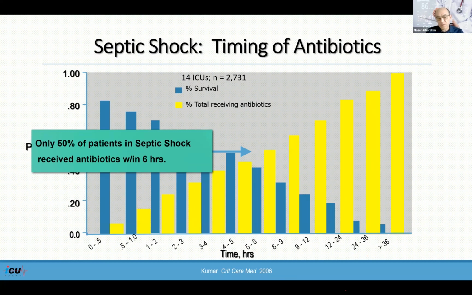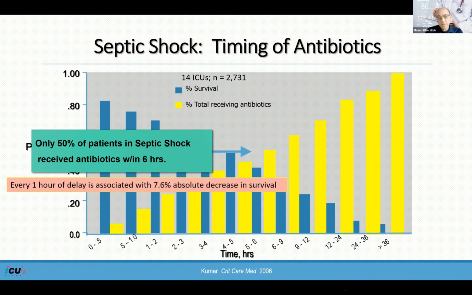We try to give those antibiotics within the first hour, and you can see there's a major delay. Each 1 hour of antibiotic delay is associated with a 7.6% increase in the absolute mortality rate in the ICU. So it's very detrimental if we don't start antibiotics as soon as possible.